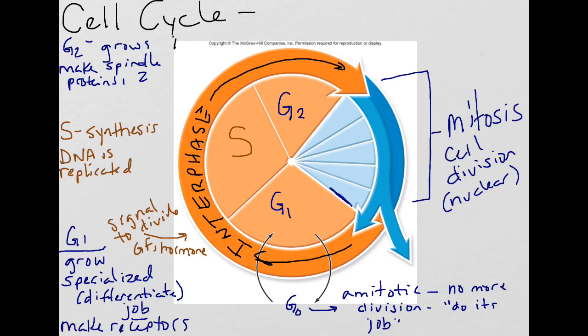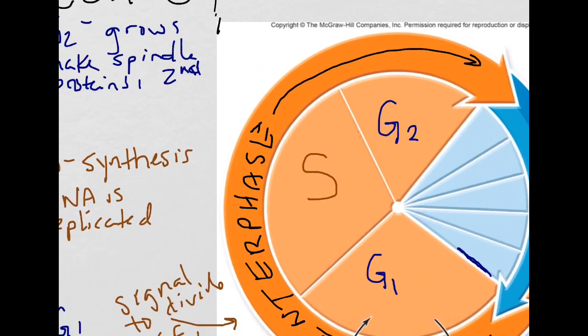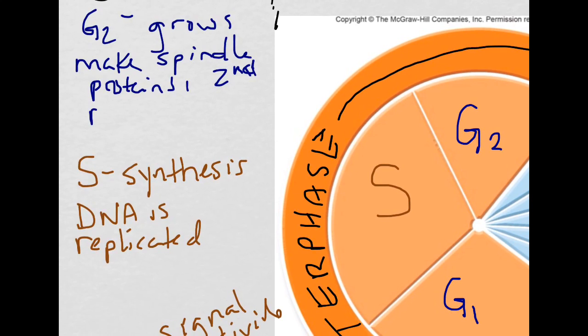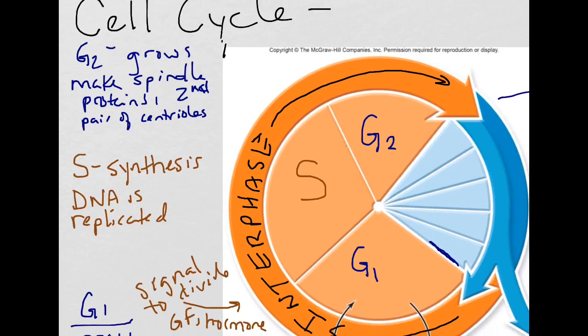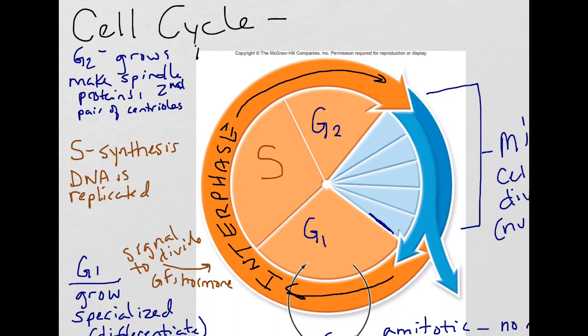It's going to make its second pair of centrioles. Centrioles will be like the base or the motor for moving the chromosomes around.